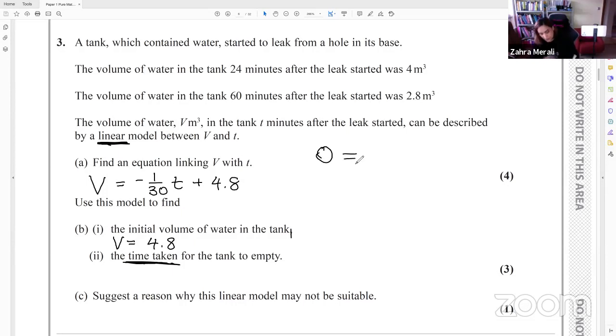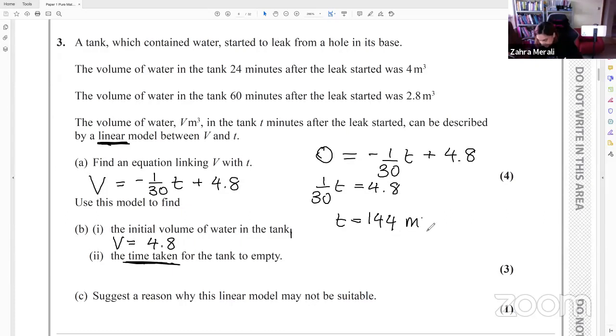So 0 equals minus 1 over 30t plus 4.8. So I'm going to move the minus 1 over 30t to the other side, so 1 over 30t equals 4.8. And when I solve that, I'm going to do 4.8 times 30. So t equals 144 minutes.